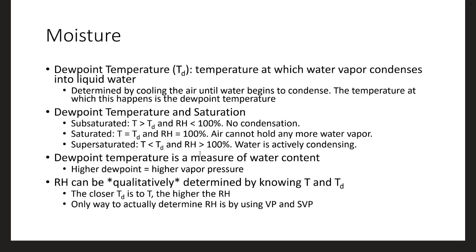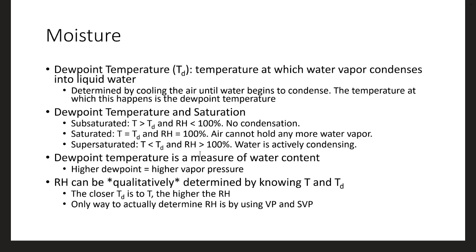Sometimes, though, the air can become supersaturated, where the temperature is less than the dew point temperature. This happens when clouds form. Relative humidity can actually get a little bit above 100%, and that means that water is actively condensing. On a microscopic level, you have air molecules that are evaporating and air molecules that are condensing.